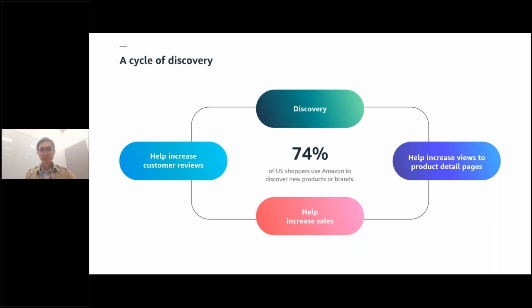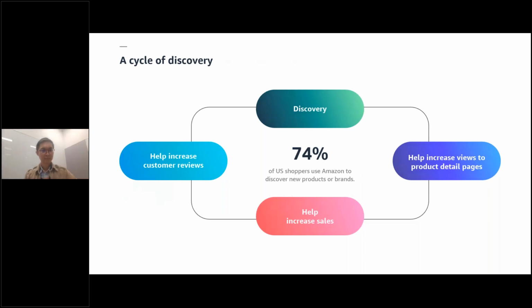And from there, once you get sales, you should try to incentivize or encourage people to leave ratings and reviews. When you increase your ratings and reviews, it helps to boost your overall position. It helps to boost your credibility, and it helps with your ranking, for example, in terms of getting discovered again by new customers, and it leads to a positive cycle of discovery for your brand and your products.